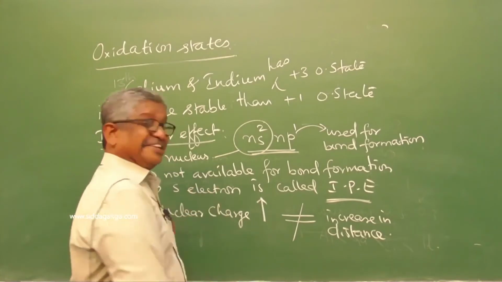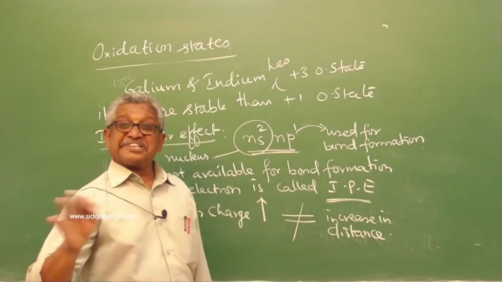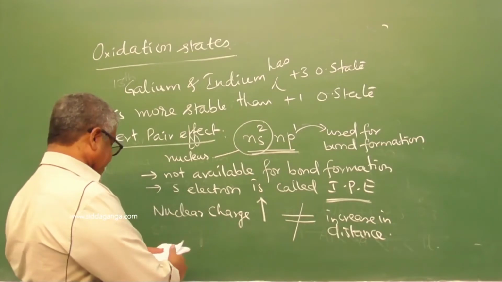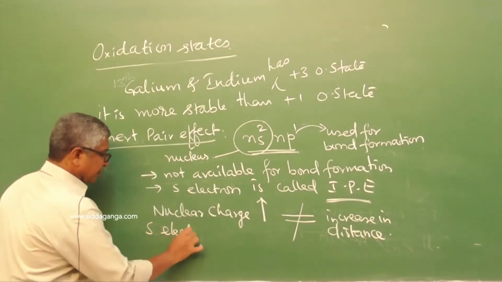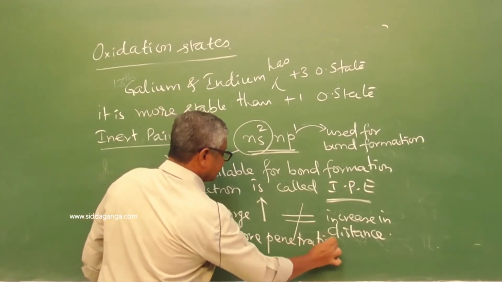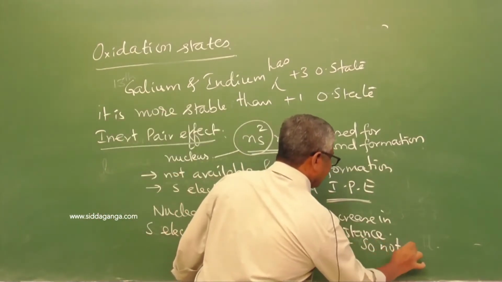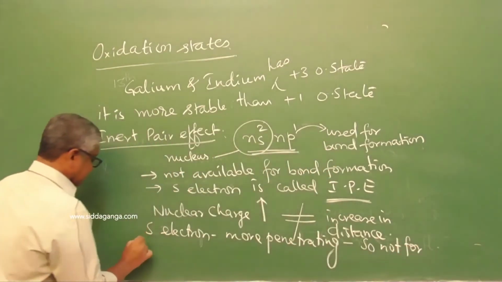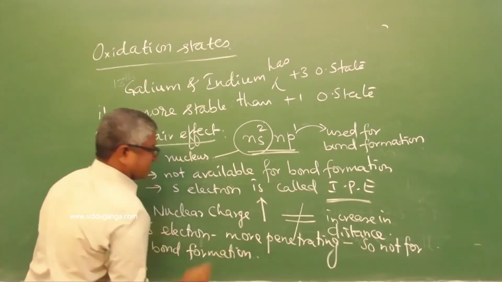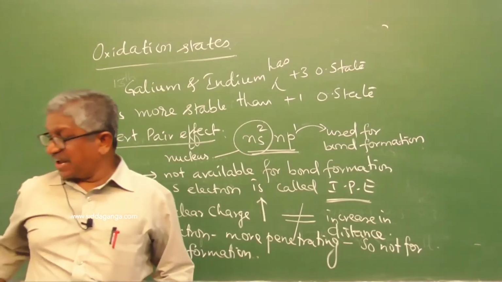But here nuclear charge increases and is not subsidized by the increase in distance. So the s electron in the valence shell is more penetrating, and not available for bond formation. This is called the inert pair effect.